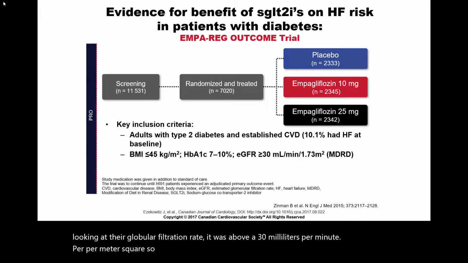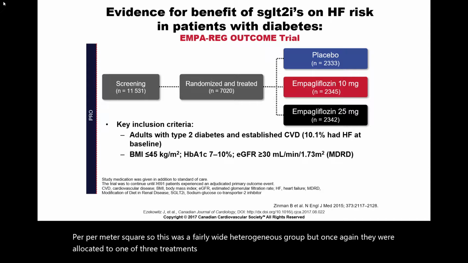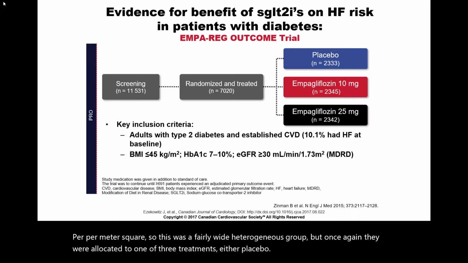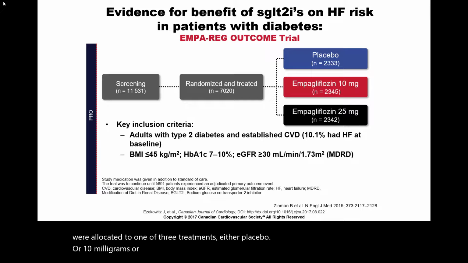This was a fairly wide heterogeneous group, but once again, they were allocated to one of three treatments, either placebo or 10 milligrams or 25 milligrams of this SGLT2 inhibitor drug, which acts for improving glycemic control.